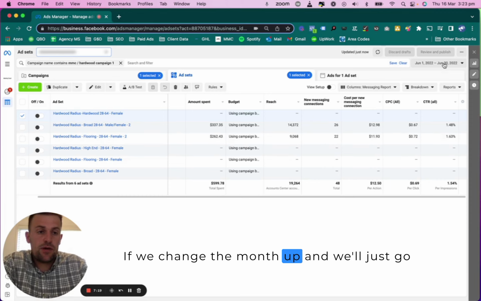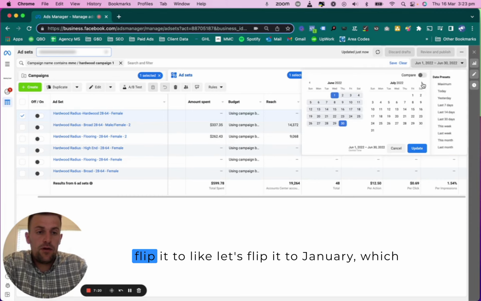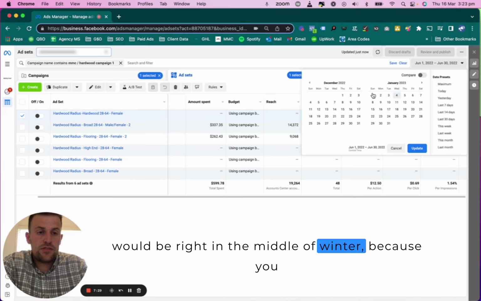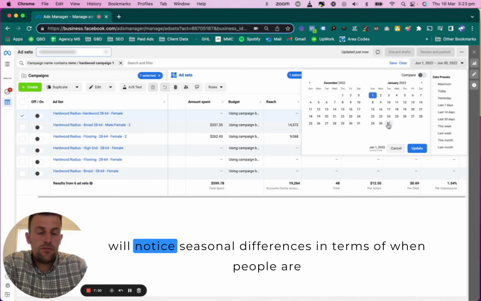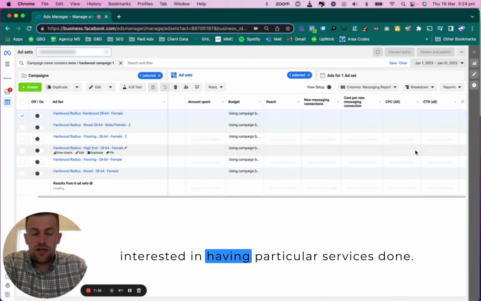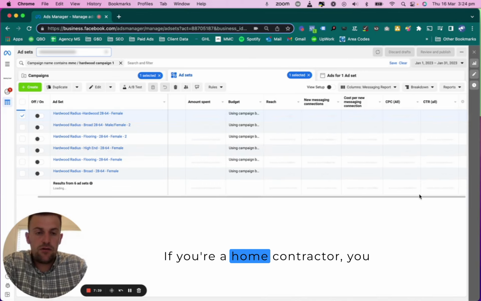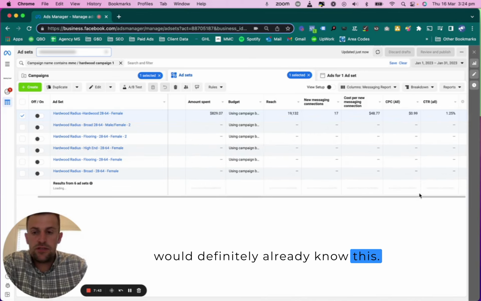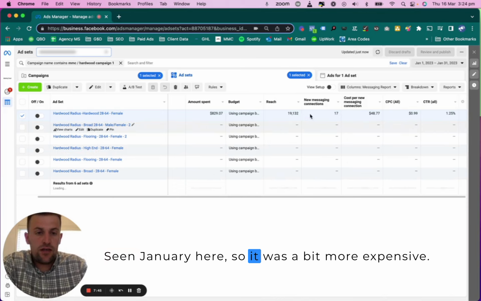If we flip it to January, which would be right in the middle of winter, you will notice seasonal differences in terms of when people are interested in having particular services done. If you're a home contractor, you would definitely already know this. January was a bit more expensive.